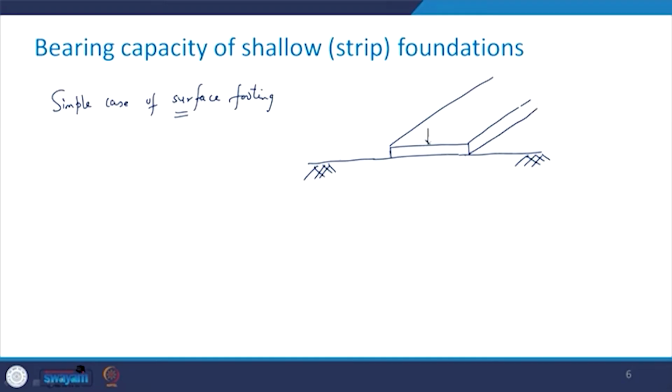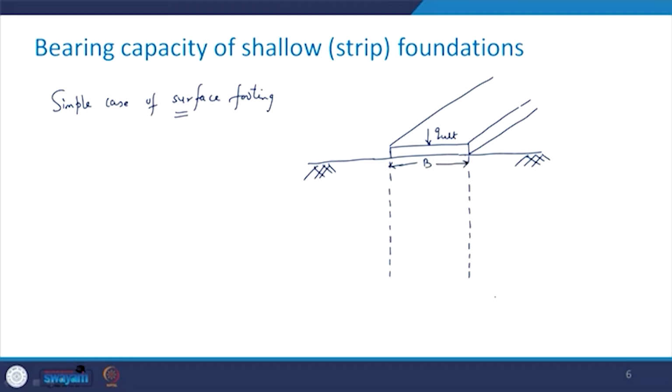And we need to find out the Q ultimate of it, and here, like in the concept with respect to Bell's approach I explained to you, I will have these two zones here. The width of this footing is say B.